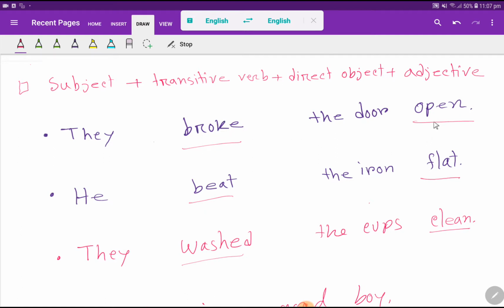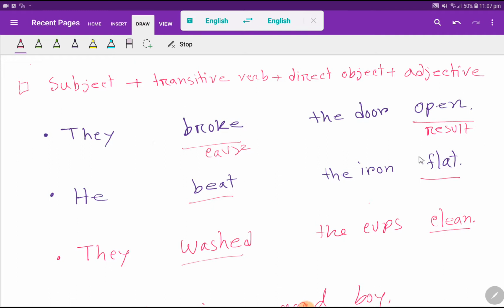this adjective denotes result and the transitive verb denotes cause. That is, the transitive verb denotes cause. Broke, then the result is often.